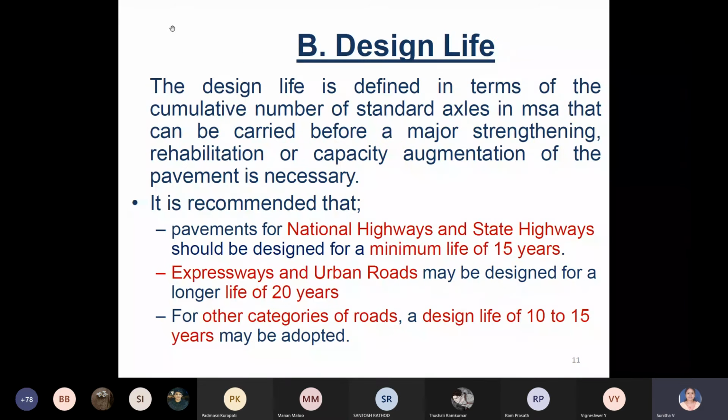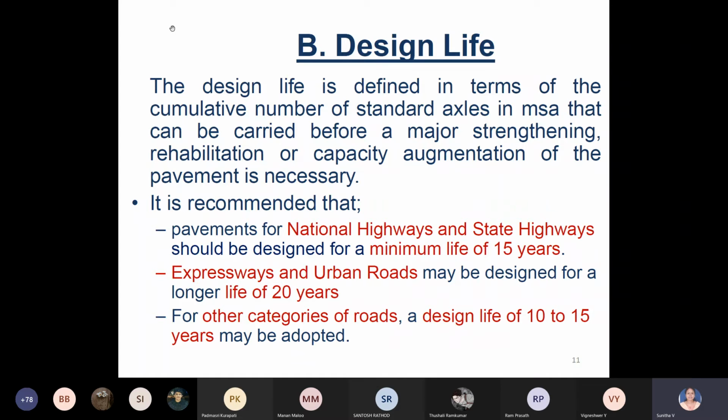Design life. Design life is defined in terms of the cumulative number of standard axles, in million standard axles (msa), that can be carried before a major strengthening or rehabilitation or capacity augmentation of the pavement is necessary. Why is it called major strengthening or rehabilitation? You might have seen that after, say, 10 or 15 years, some repair works are done on the roads.